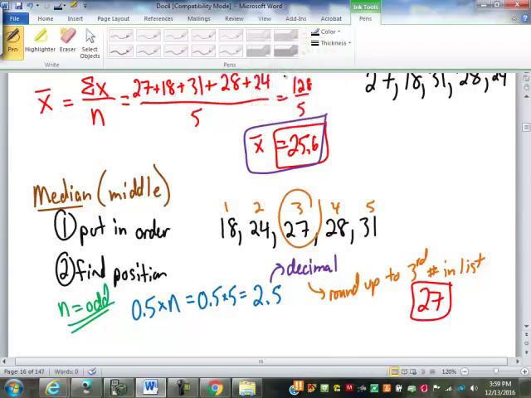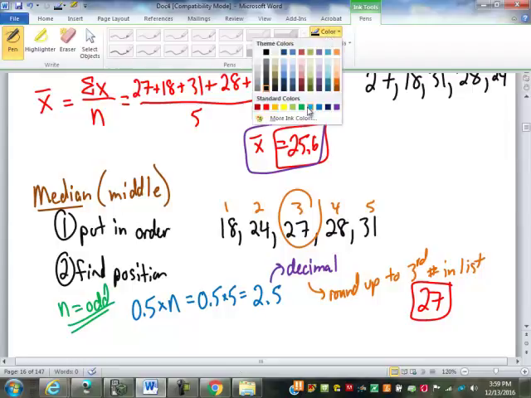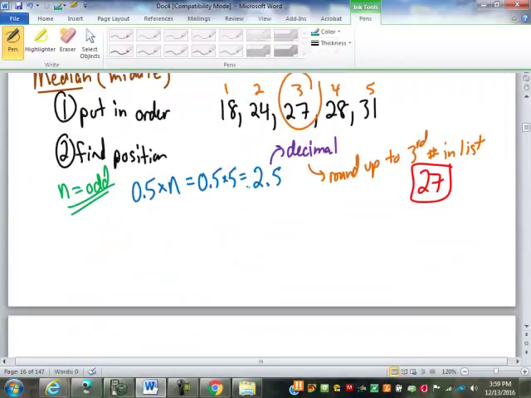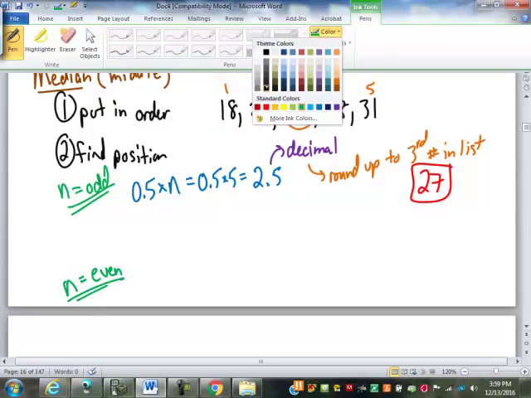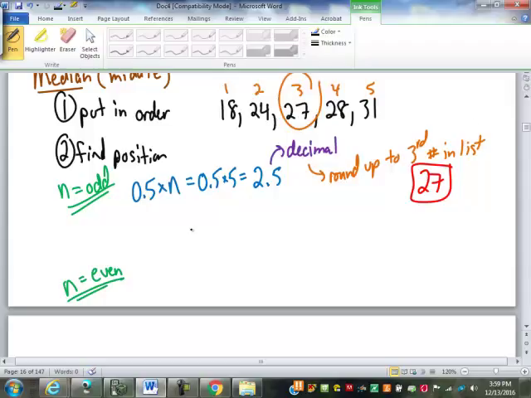The other case, what if n is even? I'm going to have to use a different set of numbers here, so I'm going to make a new set of numbers. I'm going to put them in order from smallest to largest as I make it so I don't have to do that step.